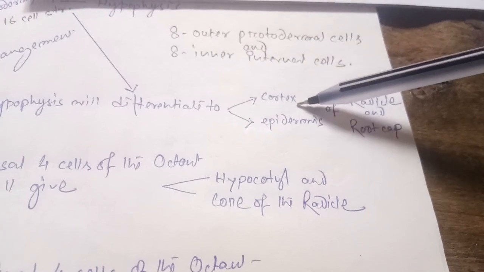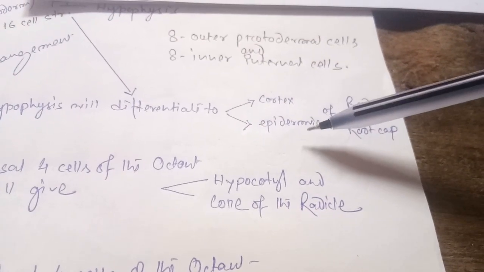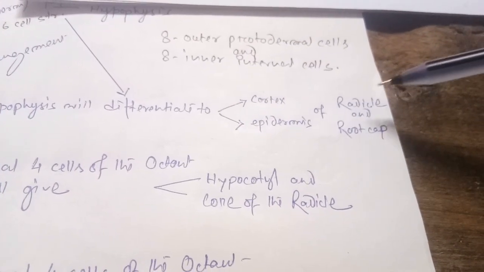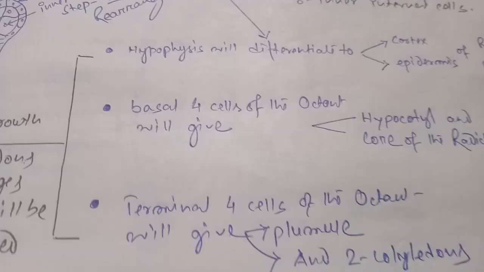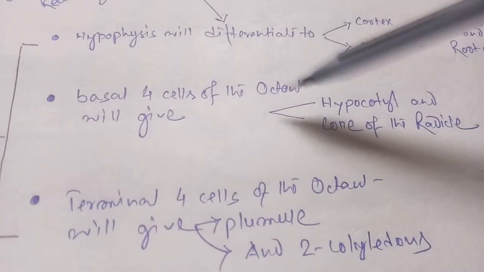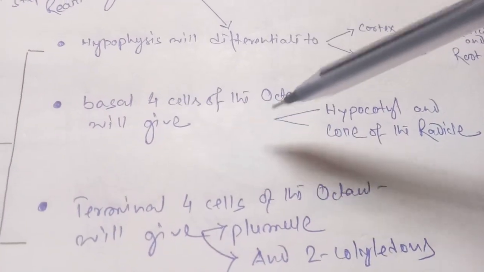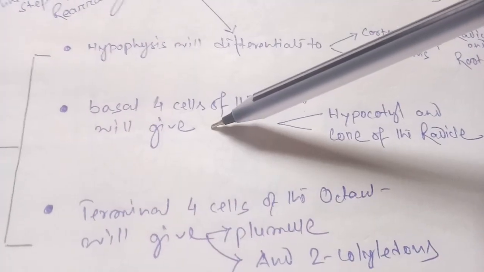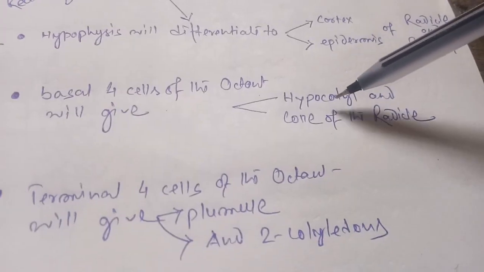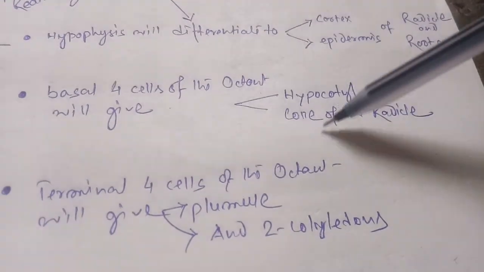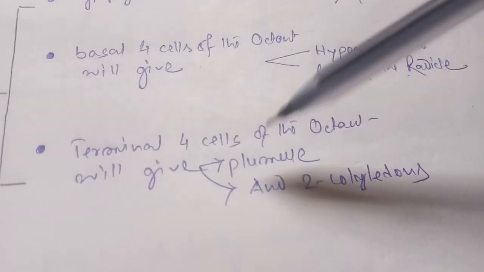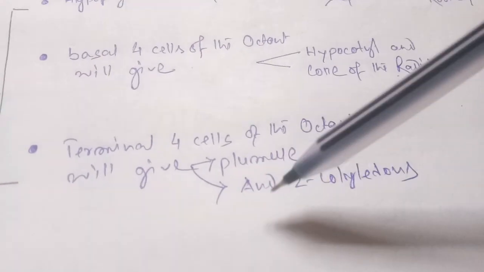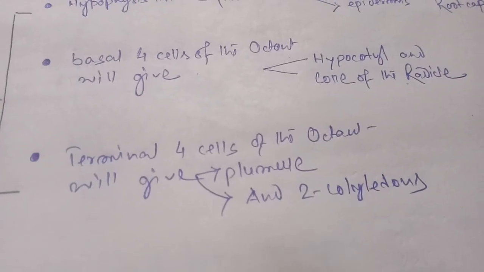So the hypophysis will differentiate into the cortex and epidermis of the radicle and the root cap, and the basal 4 cells of the octant, by division, will give rise to the hypocotyl and the core of the radicle, and the terminal 4 cells of the octant will give rise to the plumule and the 2 cotyledons.